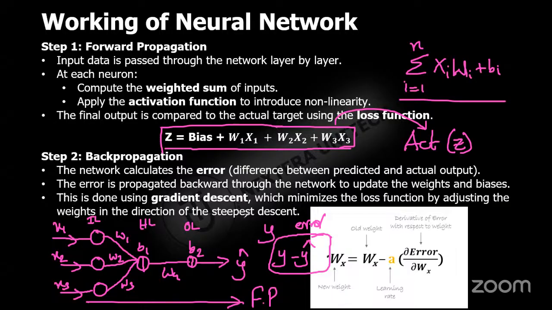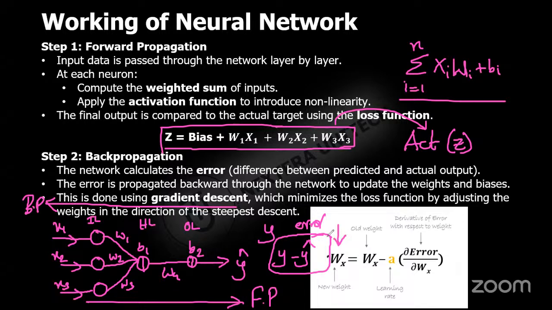Your model may not predict the value correctly initially, so then step 2 starts, which is called back propagation. That means from the output layer, it starts going back in the reverse direction. During back propagation, the weights and the bias that got initialized randomly get updated, in order to minimize this loss.